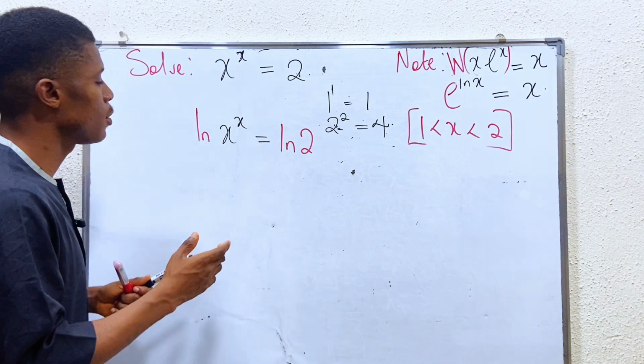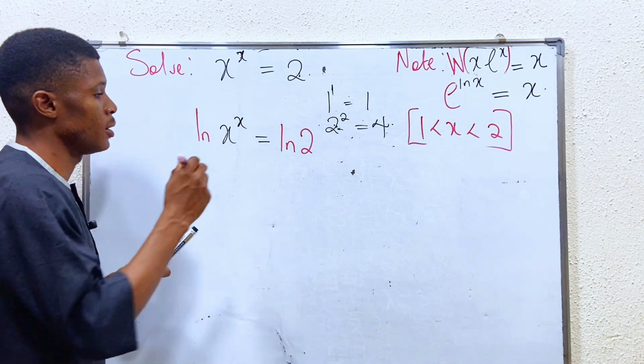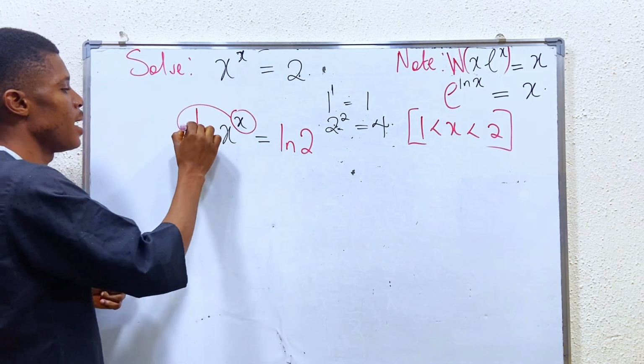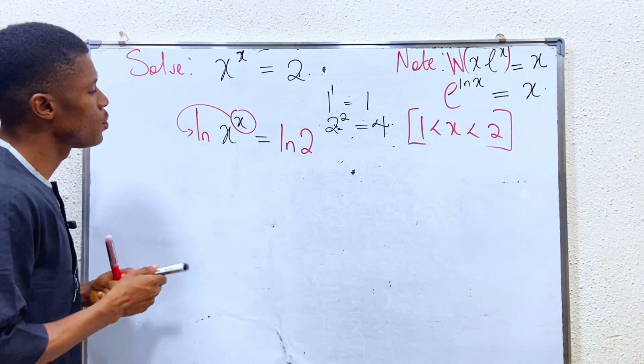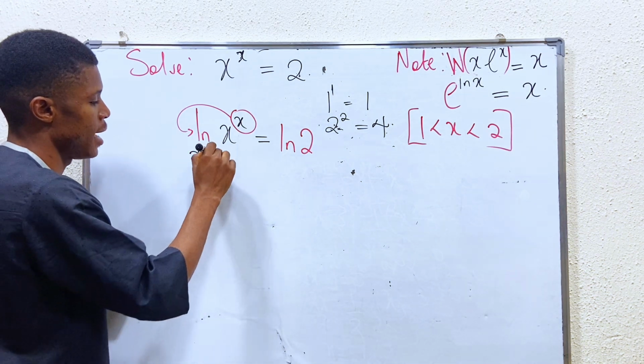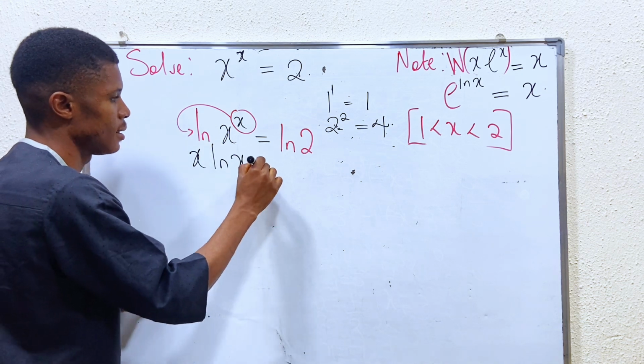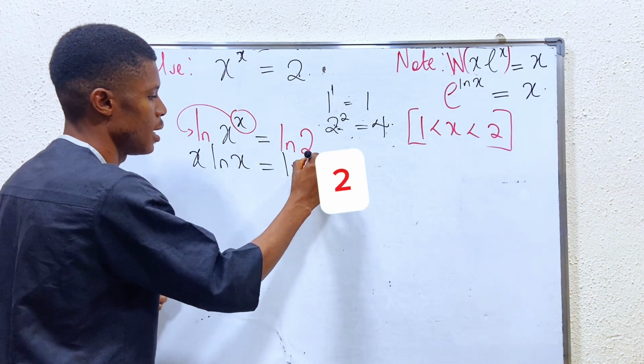This particular rule of exponents allows us to multiply the power x to the ln. So we can now have x ln x is equal to ln 2.